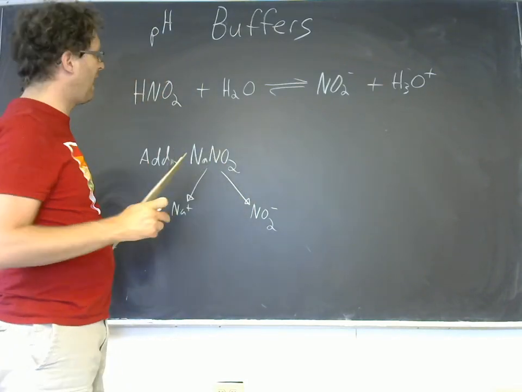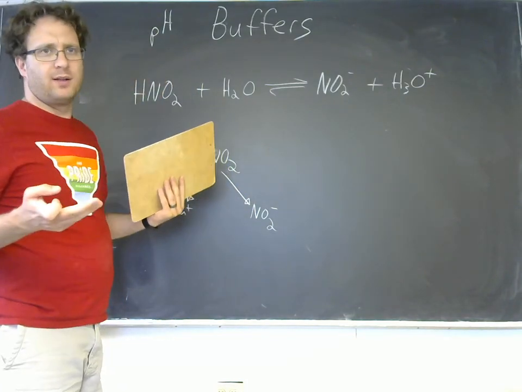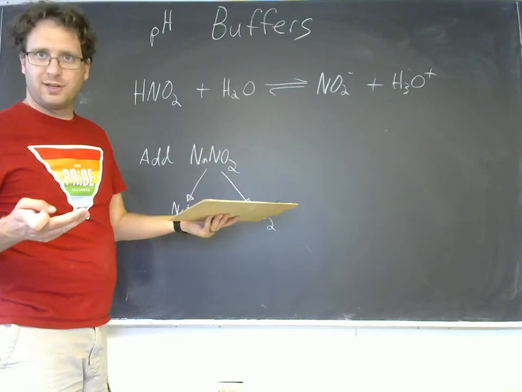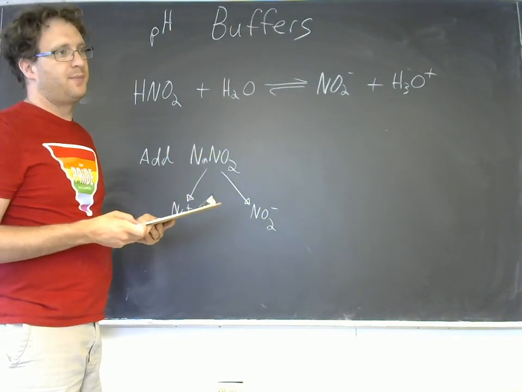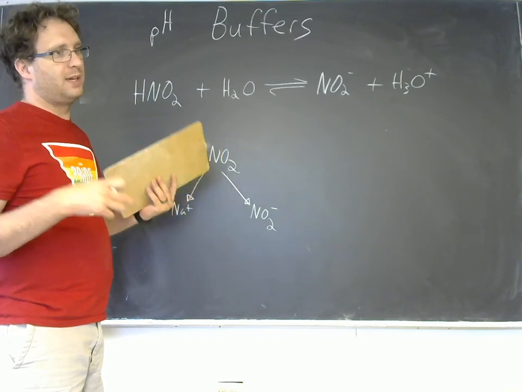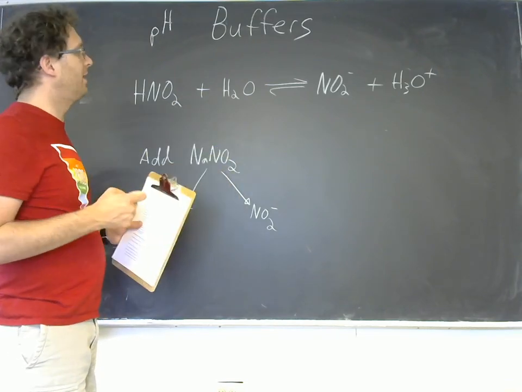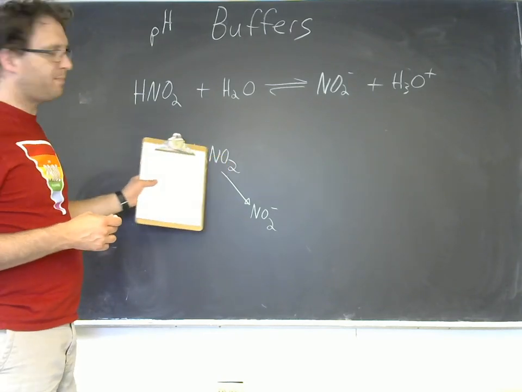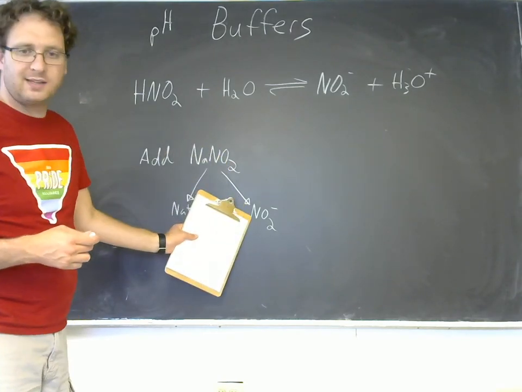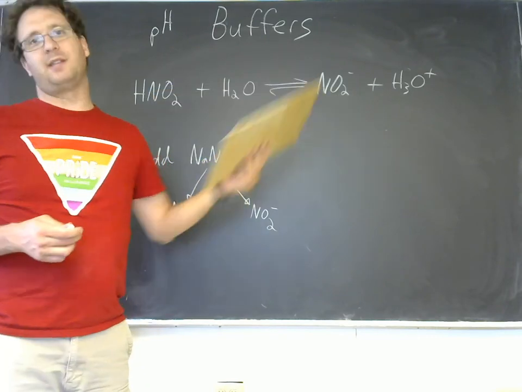And so any equilibrium, pH, solubility, and any other equilibrium reaction that we investigate will be influenced by adding some soluble ionic compound that contains an ion which participates in that reaction.